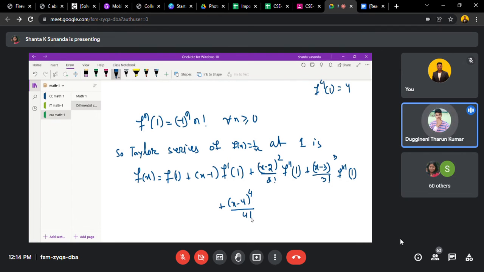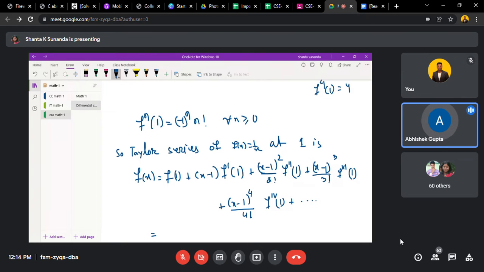Ma'am, x minus 1 whole square, you're right. Yes, I'm so sorry. I have written x minus 1 square, x minus 1 cube, and it goes on. You can substitute the values now.